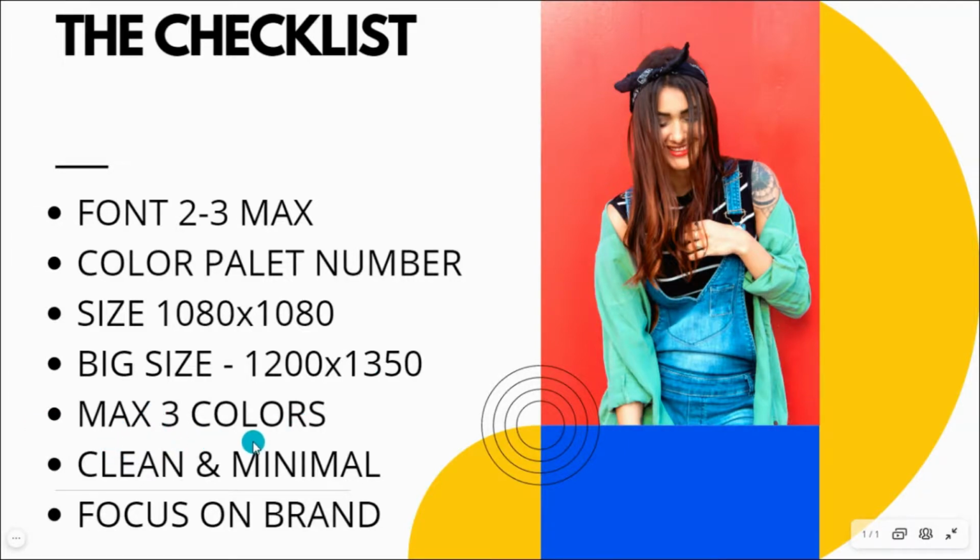About colors, I suggest you use 3 colors max. About the design, use a clean and minimal design. Also focus on the brand. So this is the checklist. If you want, you can take a screenshot, or you can send me a hi on Instagram so that I will send it to you.